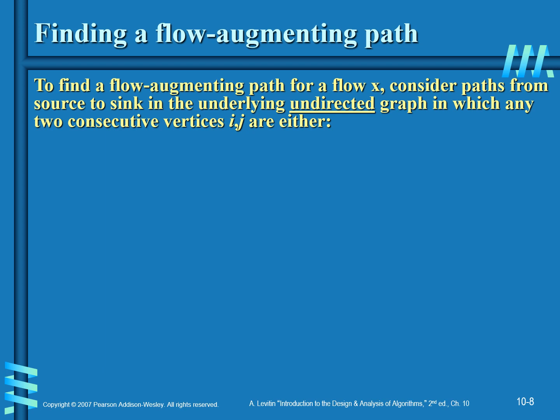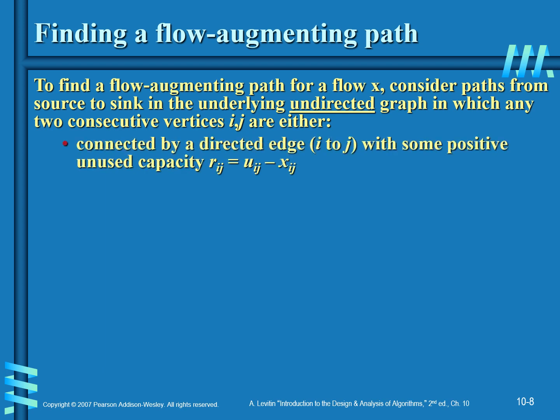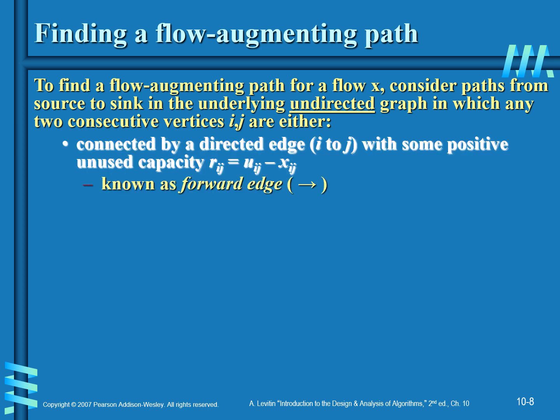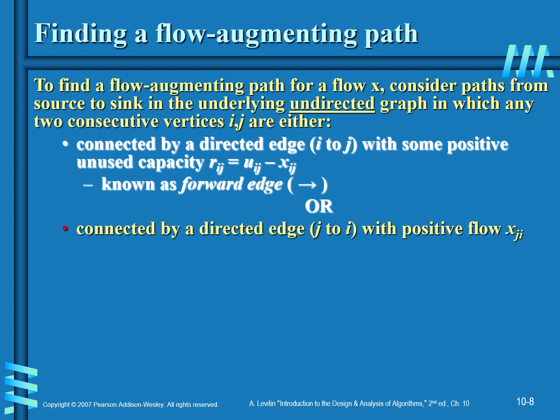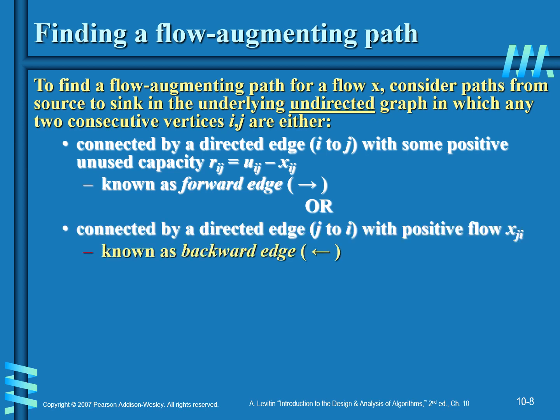We will first discuss what a flow augmenting path is. To find a flow augmenting path for a flow X, consider a path from source to sink in the undirected graph where each two consecutive vertices i and j are connected either by a forward edge or a backward edge. A forward edge is a directed edge from i to j with some positive unused capacity, that is residual capacity, Rij equal to Uij minus Xij.